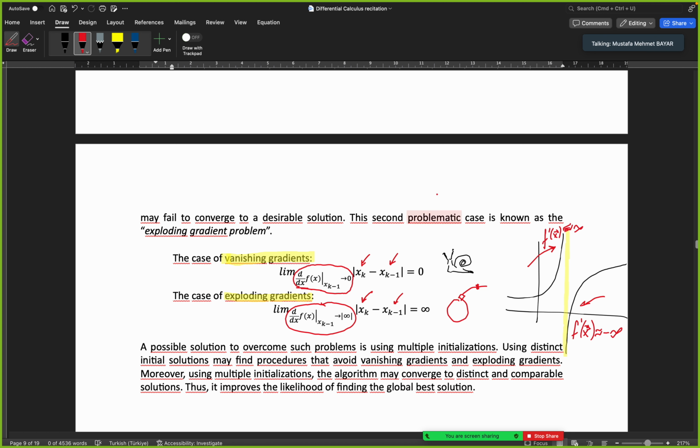And then, when you plug in that value to the update function, either plus or minus infinity times alpha, which is infinity, and then this is just infinity. So that's the problem. It just blows you up and teleports you to some unknown region of the function. Okay, now it's clear.